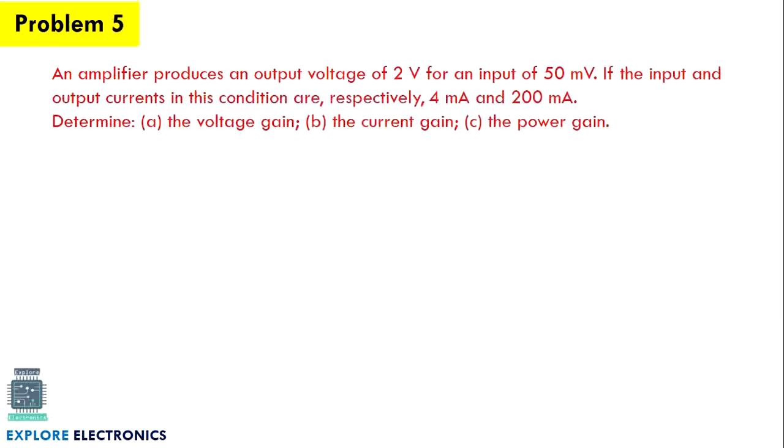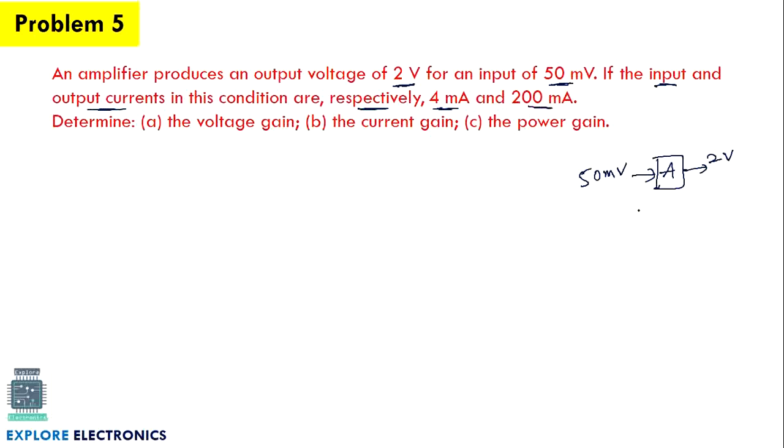Then problem 5. Here an amplifier produces output of 2 volts for an input of 50 millivolts. Means there is an amplifier. We are applying 50 millivolts of input and output is 2 volts. If the input and output currents in this condition are respectively 4 milliamps and 200 milliamps, means the input current is 4 milliamps and output current is 200 milliamps.